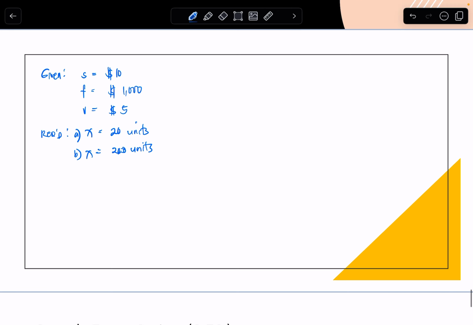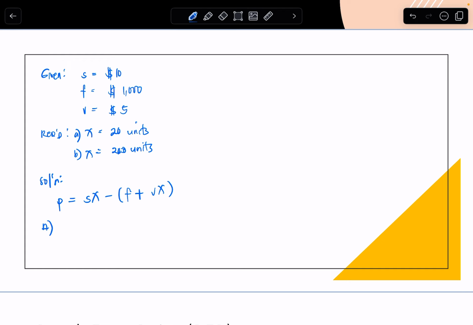What would be the profit? For our profit, that would be equal to the selling price multiplied by the number of units, minus the fixed cost, plus the variable cost times the number of units.